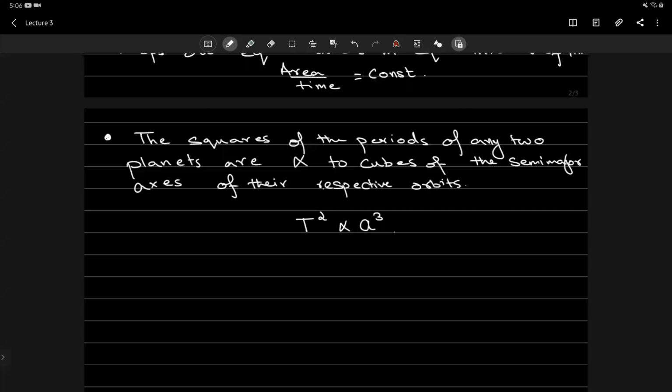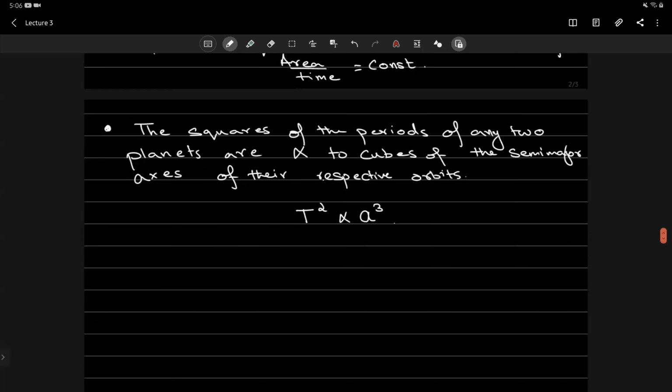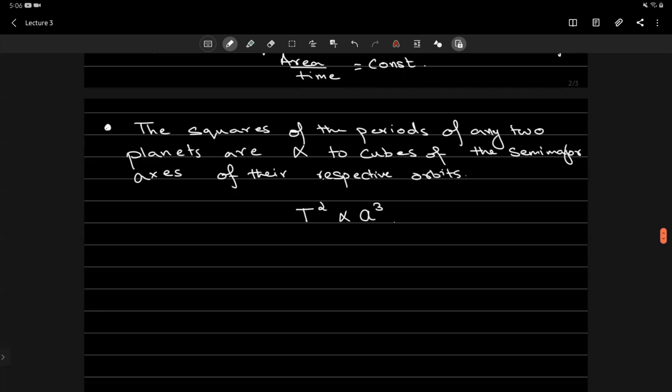There was a certain difficulty with the moons of Jupiter, and a guy named Romer, I think, studied these moons or these satellites of the Jupiter, and he noticed that the moons sometimes seemed to be ahead or behind their schedule.